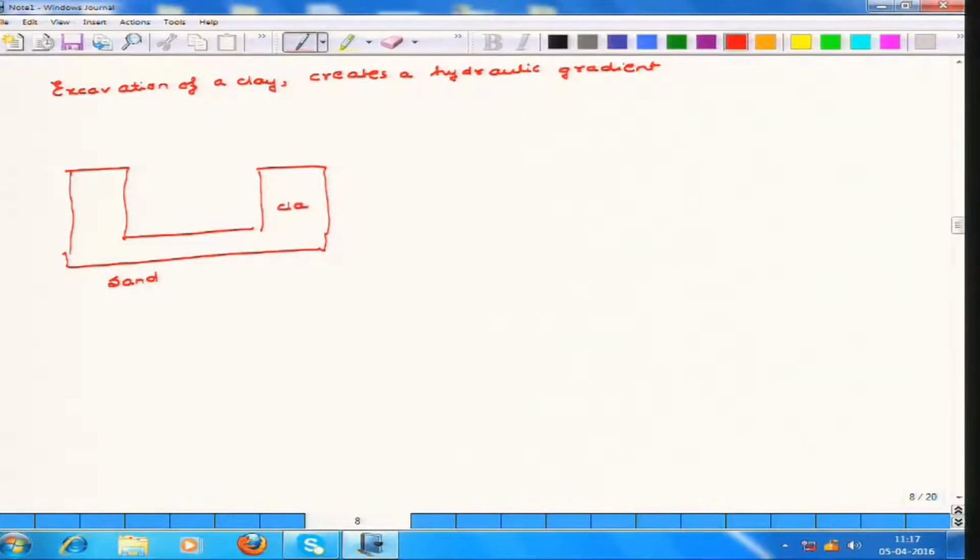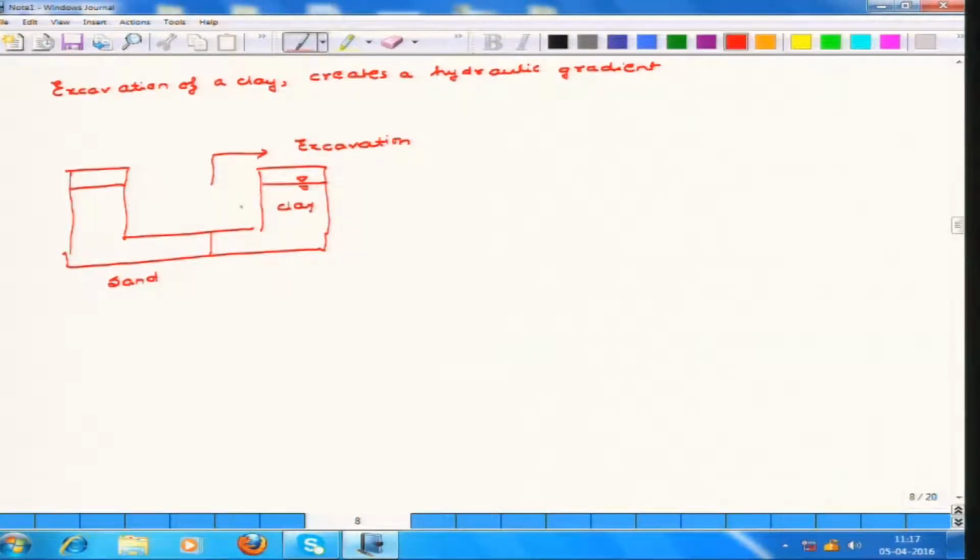So, this is the clay, this is the excavation, and this is the water table. So, you see a channel has been made from the water table to the sand layer.